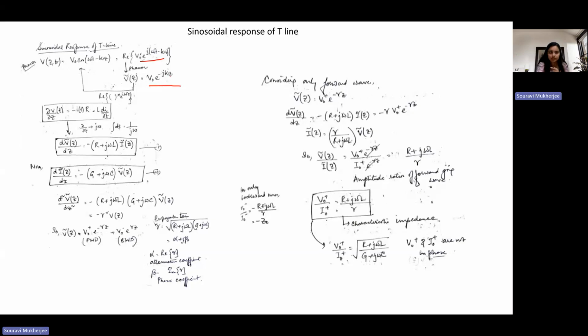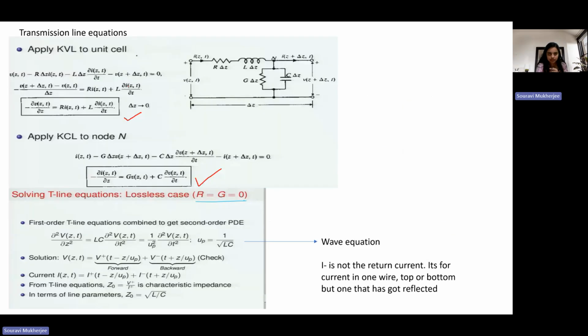Okay. So now if this is the form of your potential difference or voltage, you use this form for these two equations. Like here, when you have V and I, apply them, right?